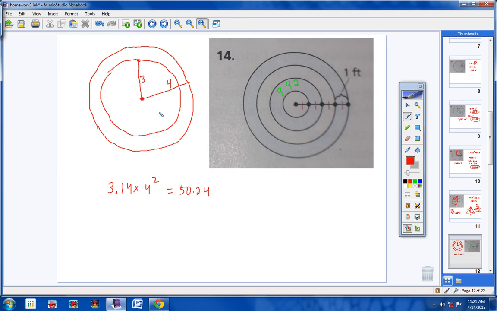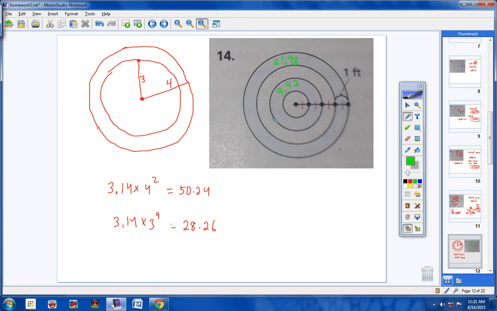The area of the inner circle would be 3.14 times your radius squared, which would be 3 squared. So we would have 28.26. Now subtract those two, and you're going to get 21.98. So this blue ring here all the way around has an area of 21.98.